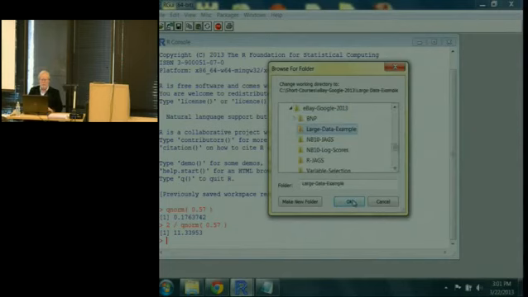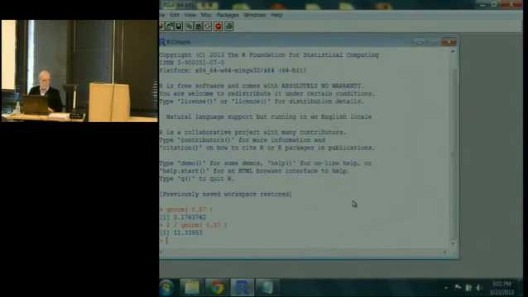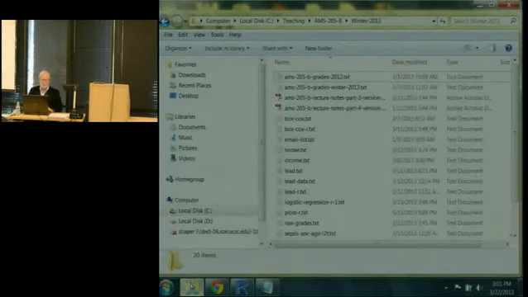So I'm going to go to that place called large data example, and I'll write myself a note right now to put the sanitized data on the web page.